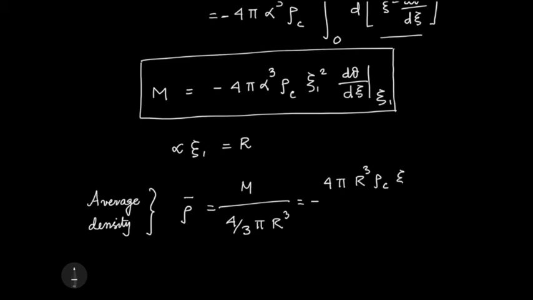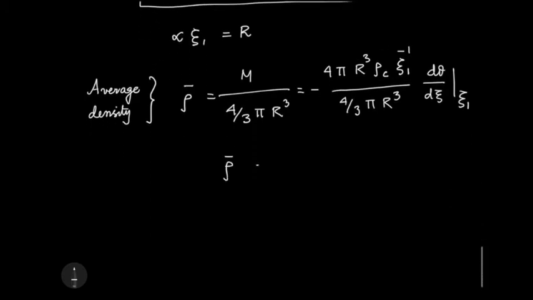I had a xi1 cube there, so this is xi1 to the power minus 1, and 4 by 3 pi r cube here, d theta d xi at xi1.